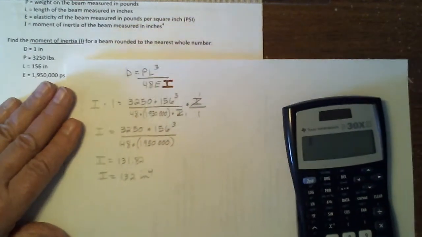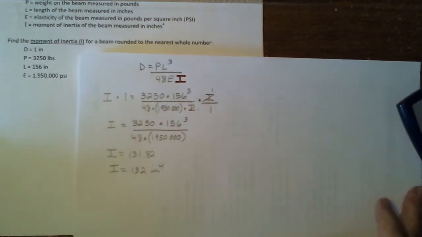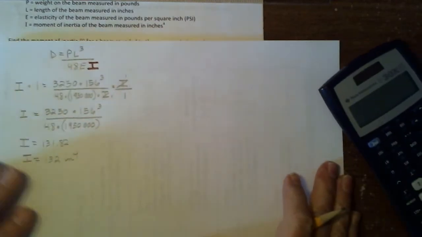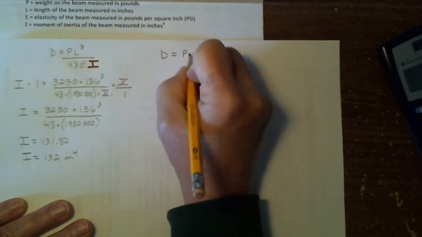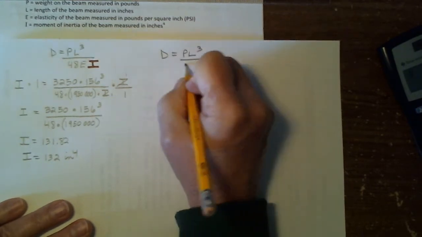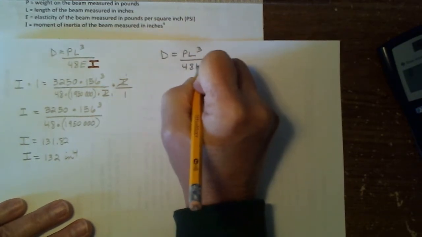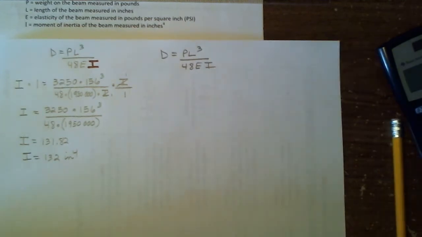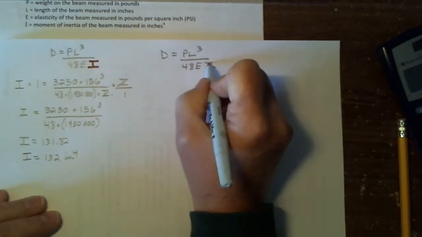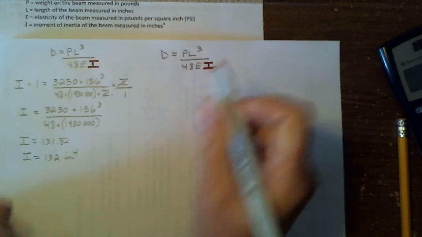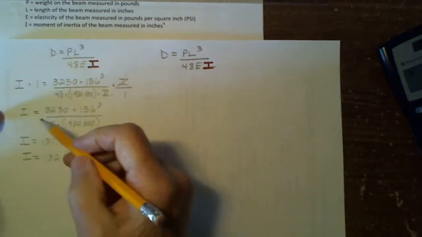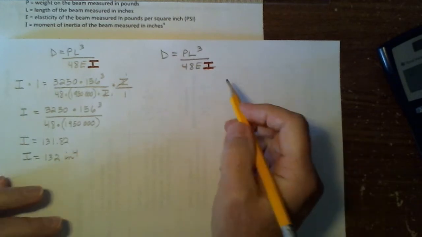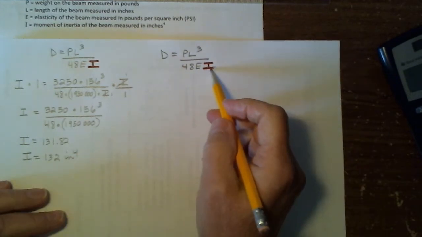Okay, so let's redo this problem a little bit differently and compare the two in terms of the amount of effort that's required. The starting point is the same. Copy down the formula. But this time, before I plug in any values, I am going to isolate the variable. I don't like this guy being down here.